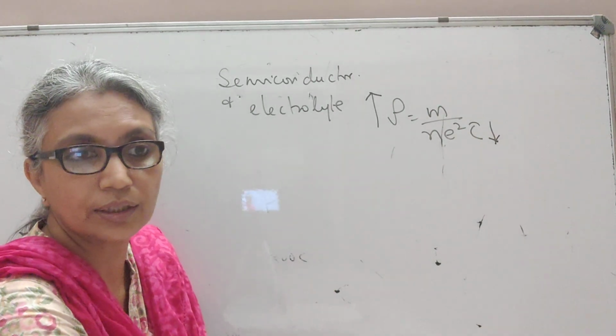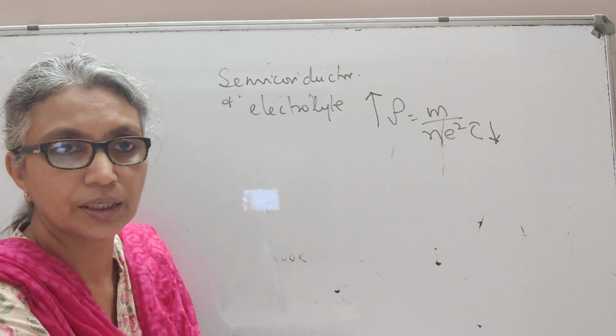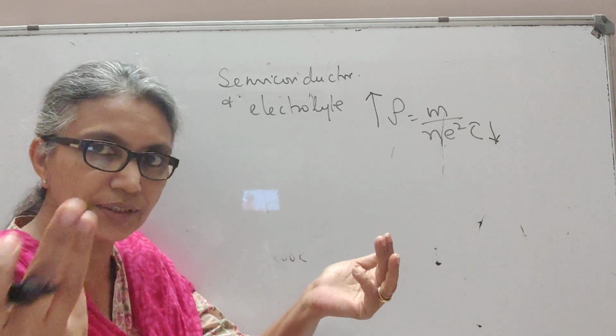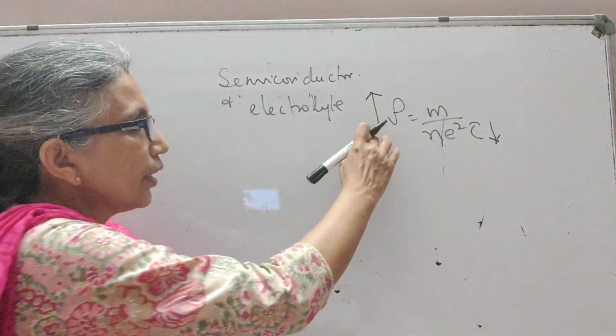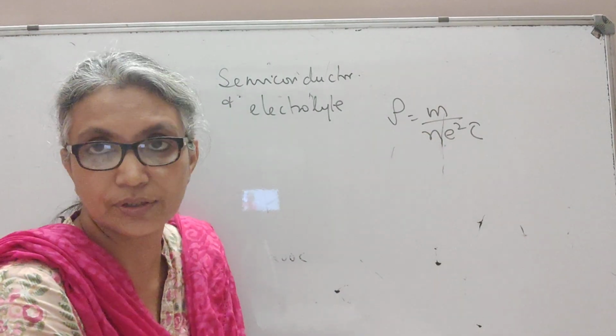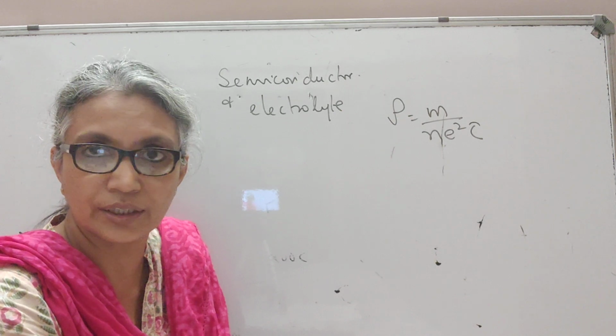Electrolyte you already know. For example, if you have an electrolyte CuSO4 or NaCl, you know that these will split into Na plus and Cl minus. And in that case, we are not actually talking about number density, because number density is what? The number of free electrons available for conduction in a conductor.